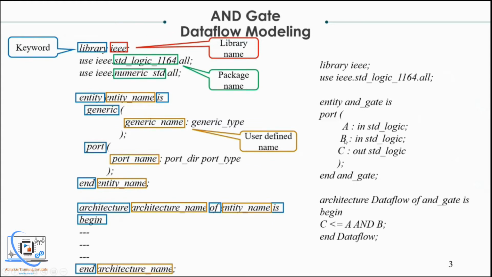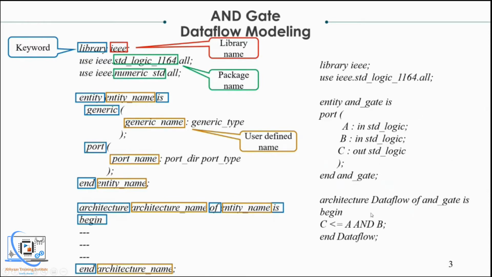B is another input port for the AND gate, and since it is an input port, its direction is also in, and the type is std_logic. Then C is the output, so direction is out. Then we are ending it with end AND_gate. So here we have defined the entity.